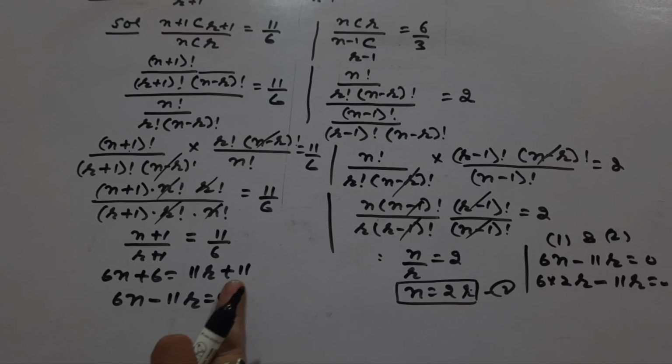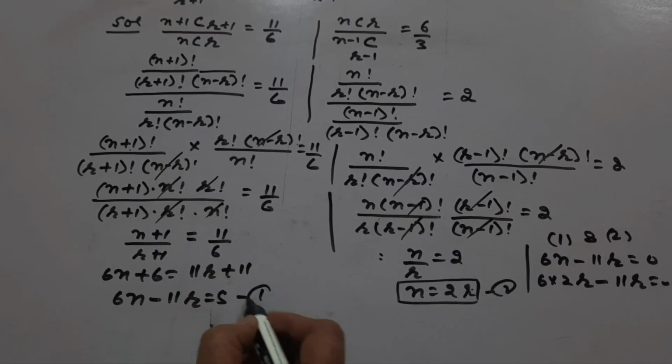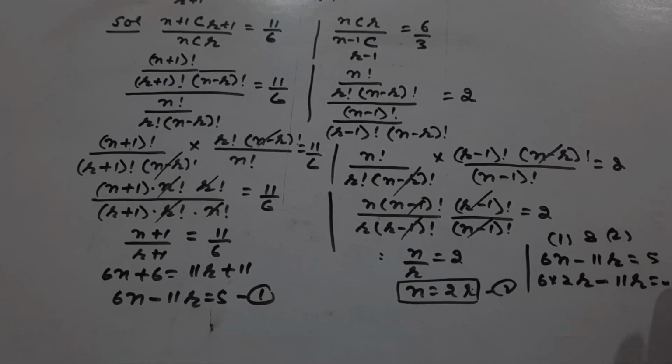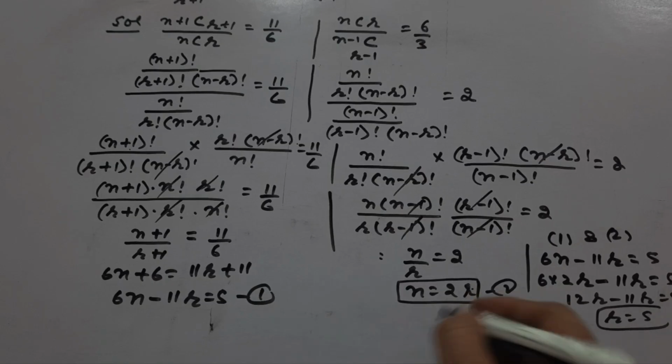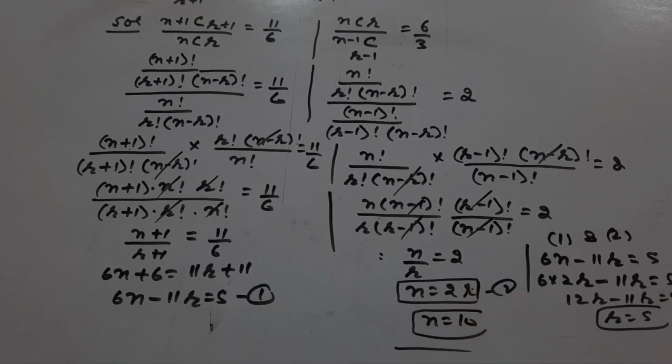So we get 11 minus 6 equal to 5. So this is number 1. Now here we have 5. So we get 12r minus 11r equal to 5. So we get r equal to 5. Now putting r equal to 5 over here, so we get n equal to 10. So students, this is the answer.